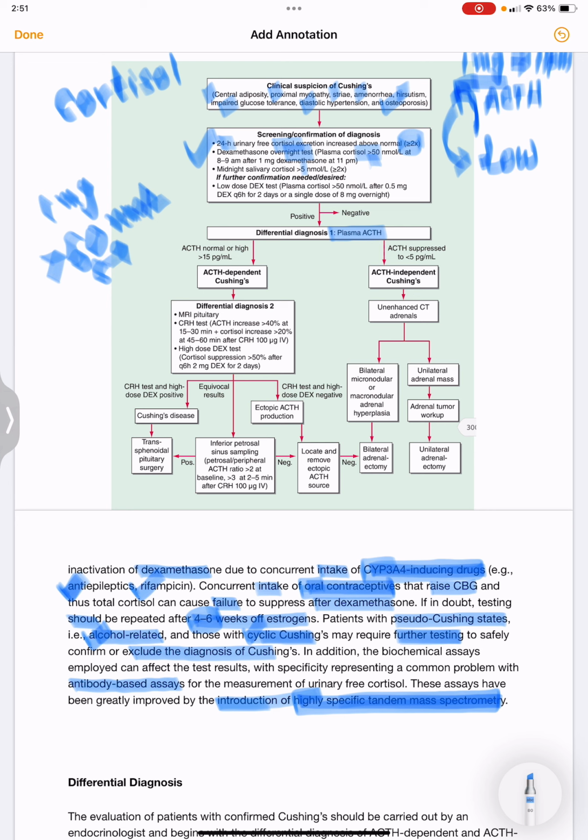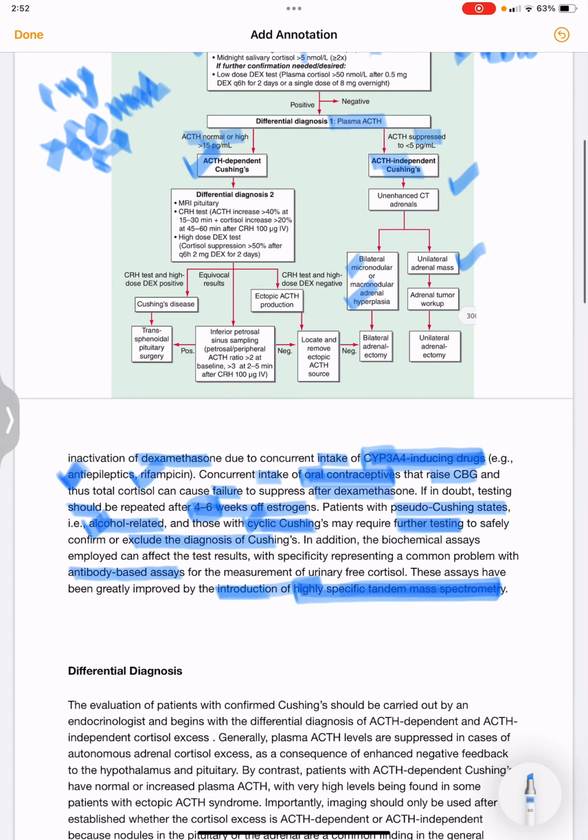If this ACTH is normal or high, it is ACTH dependent Cushing's syndrome. If ACTH is suppressed, it is ACTH independent Cushing's syndrome. ACTH independent means the tumor will be in the adrenals. So either it could be an adrenal mass, or a micronodular or macronodular adrenal hyperplasia.